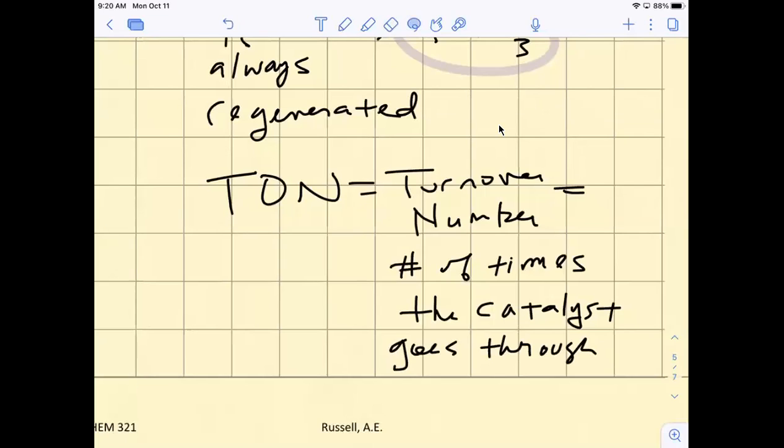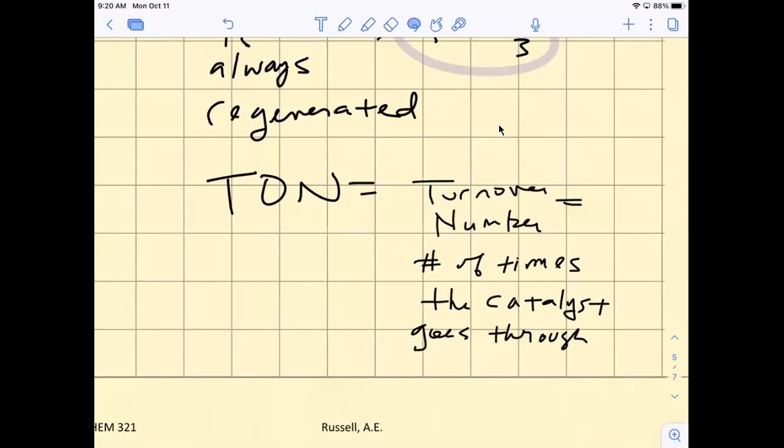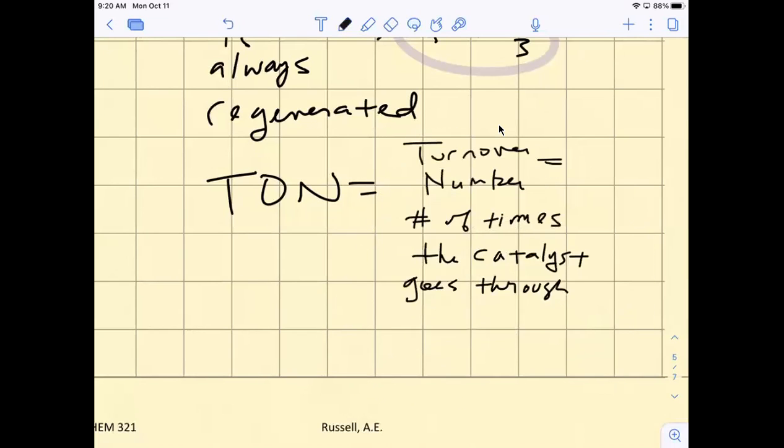Right, so the number of times it goes through the catalytic cycle, that's what you call a turnover number.